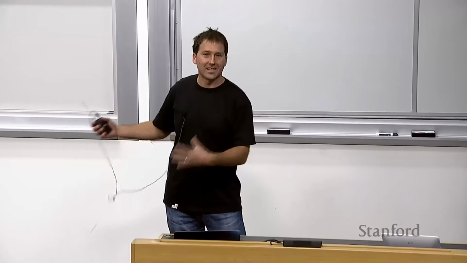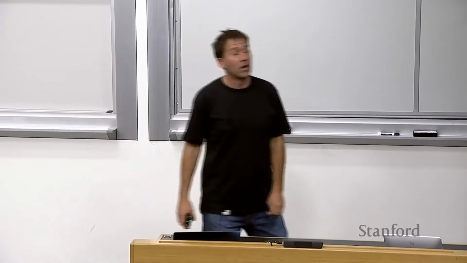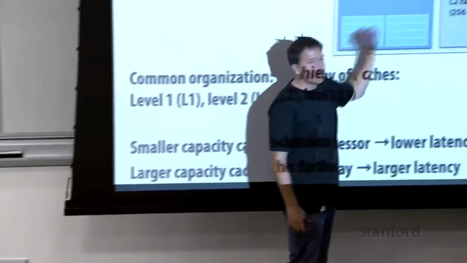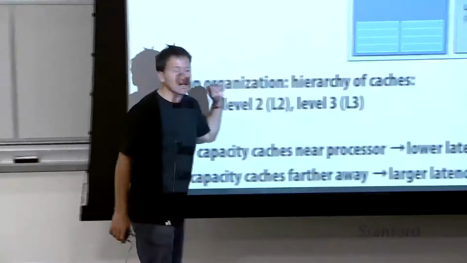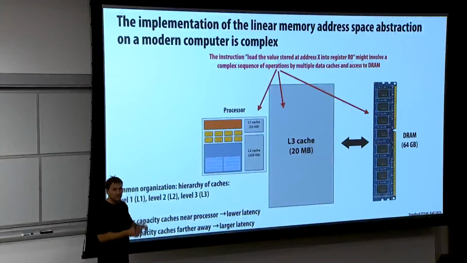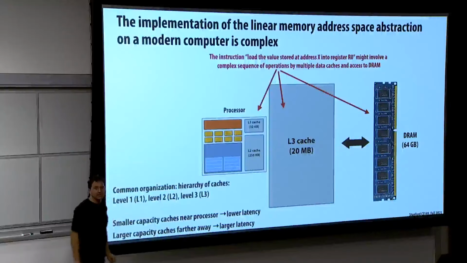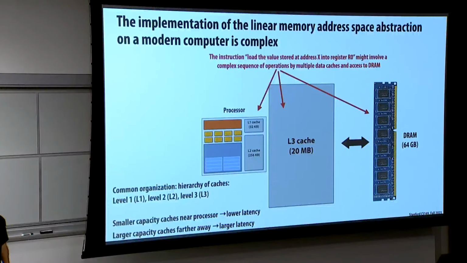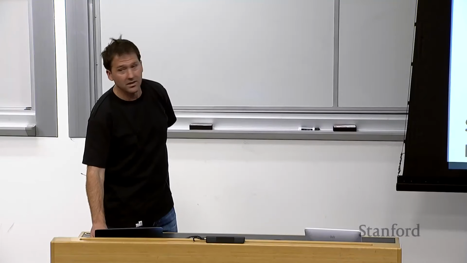It has higher latency to access. And we'll also talk about how it actually has higher energy to access and stuff like that. But for example, if you rip open most modern machines, you usually see an L1 cache that's pretty small, a few kilobytes, right next to the processor, that can be accessed in a few cycles. If you miss the L1, you'll ask the L2. If you miss the L2, often you'll see an L3. And if you miss the L3, you'll go out to DRAM.